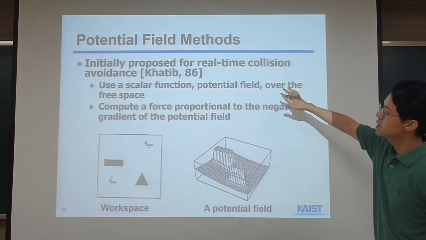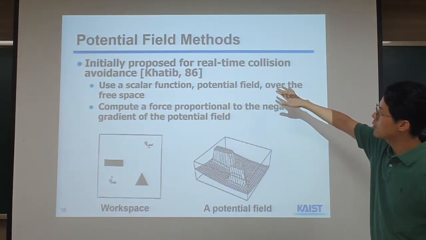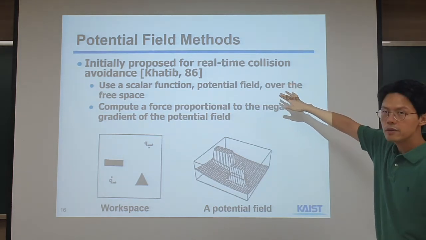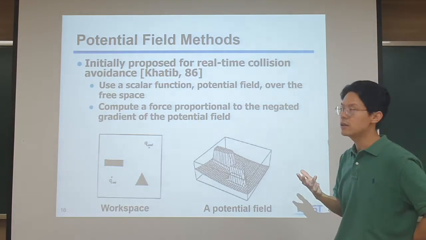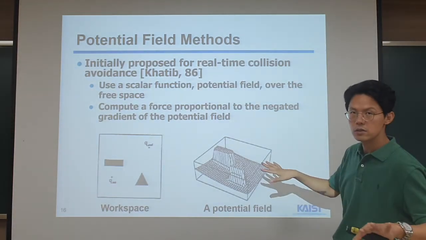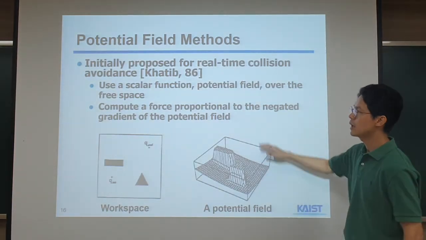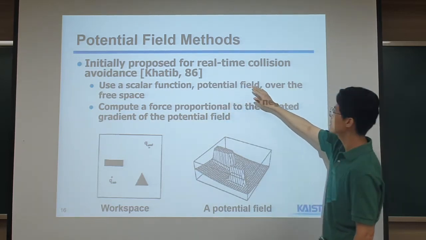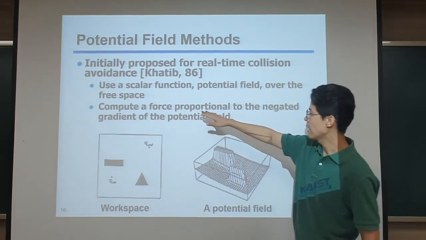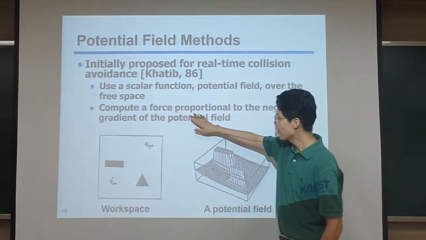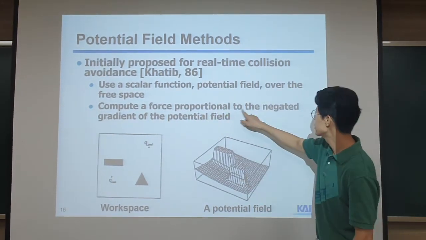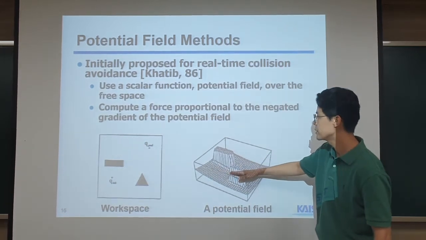This technique was initially proposed a long time ago for real-time collision avoidance. Basically we want to compute the collision-free path, right? To do that, we need to avoid any collision, and to do that, we use a scalar function, the potential field, over the free space. Once the robot is located here, we can compute the force that can move the robot, proportional to the negated gradient of the potential field.